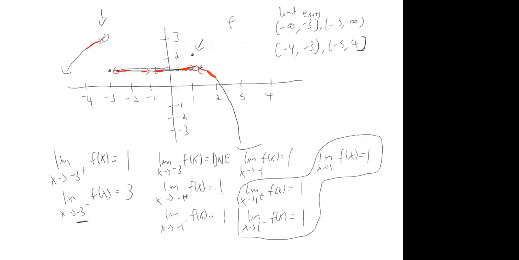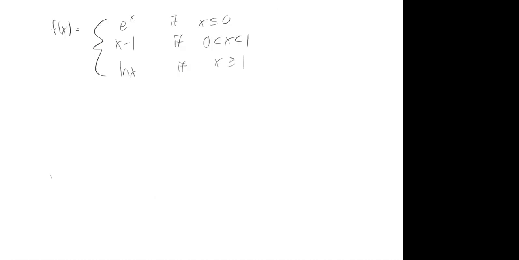Before I drew the piecewise function, now I'm writing it as an equation. So here, this is a piecewise function if x is greater than or equal to 1. Before, this one was an example of a piecewise function, except I just graphed it. So here I'm giving you the formulas instead.